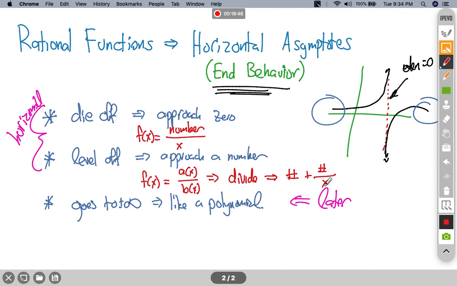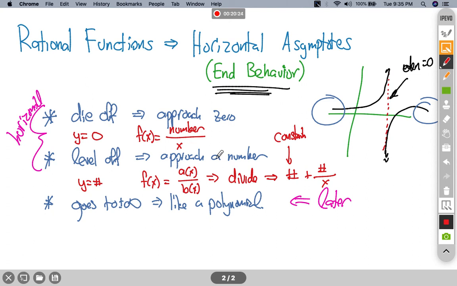If when we divide these two, we can simplify it down to a constant plus one of these terms that dies off, then that constant is going to be my end behavior, my horizontal asymptote. On the die off, my horizontal asymptote is always going to be y equals 0. For this level off, it's going to be y equals some number. And these are going to come from this division problem.